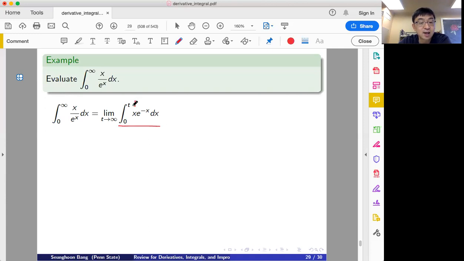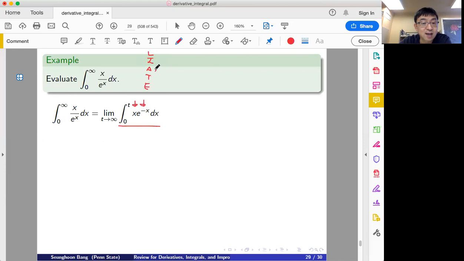This is an algebraic function times an exponential function, the product of an algebraic function and a transcendental function. We have to use integration by parts. How can you use integration by parts? We can use LIATE.